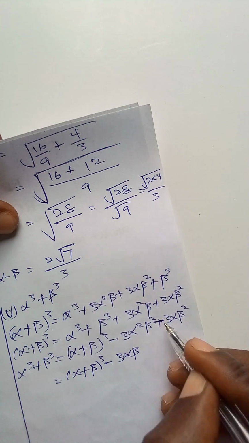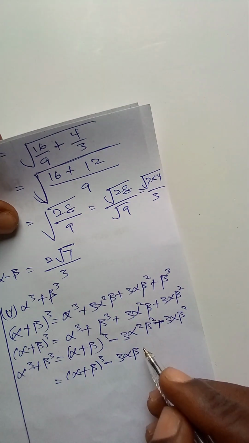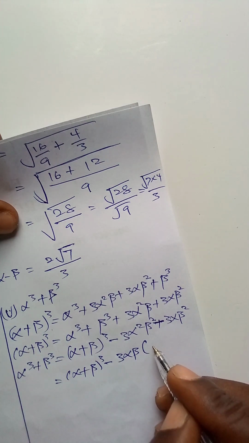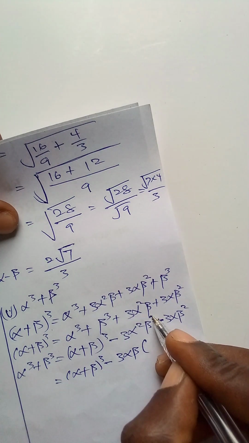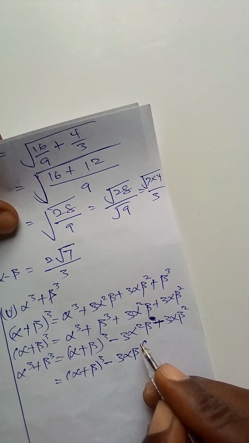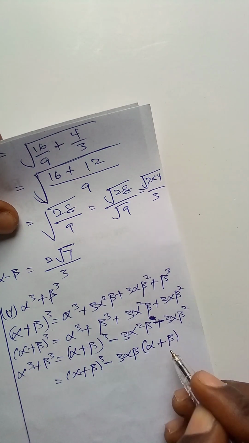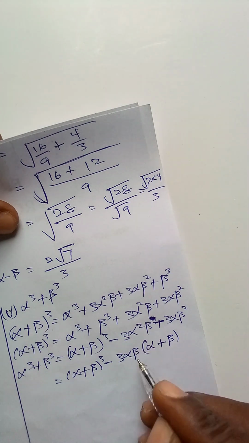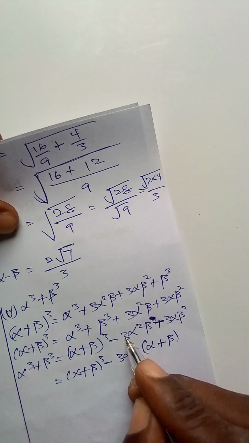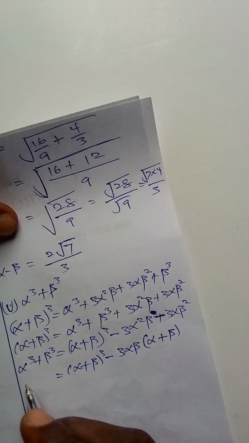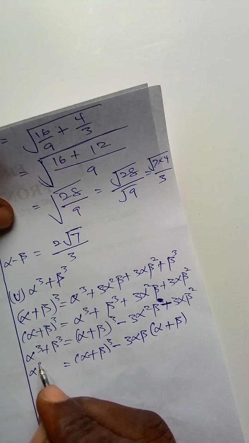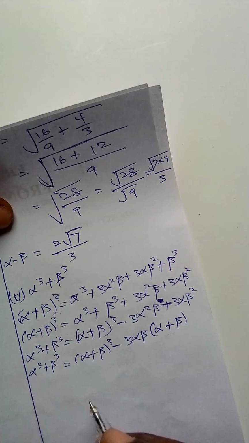There's a minus here, please. The common factor. Then we have left alpha plus beta, when we factorize this from this, we'll have this. That is our alpha cube plus beta cube.